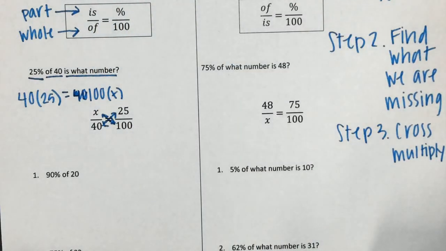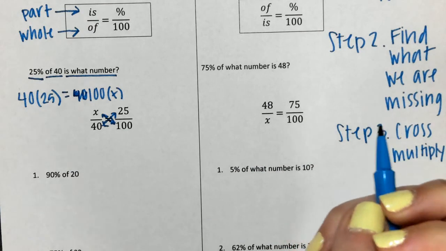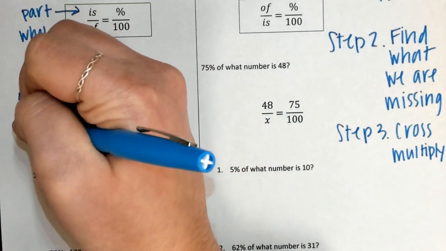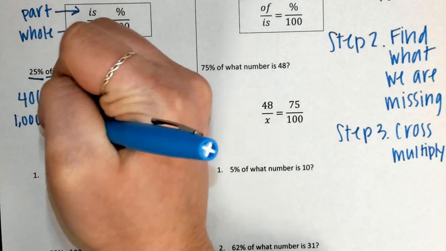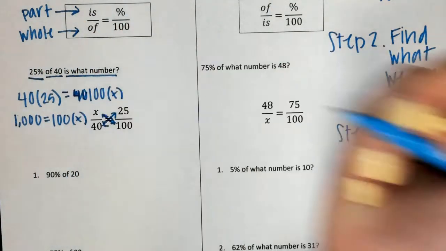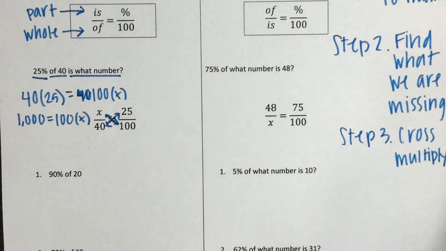Now, these are set equal to each other, so now we need to actually solve the problem. Our first step is to do 40 times 25, which is 1,000. So we have 1,000 equals 100 times x. We are solving for x, so we need to get x all by itself.